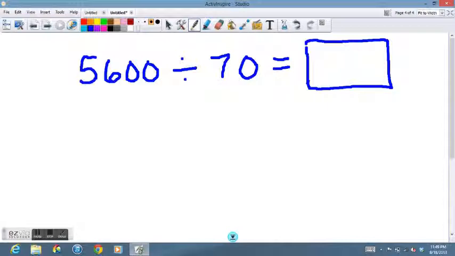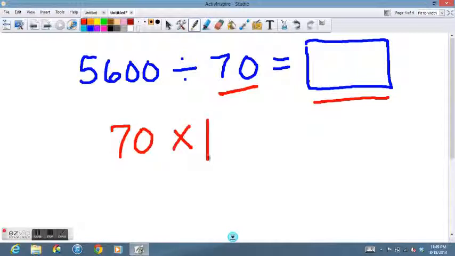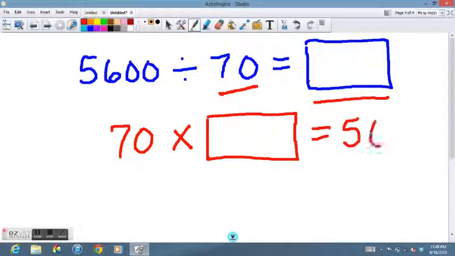Now, if you remember, if we multiply the 70 times the answer, we should get 5,600. So let's write that. 70 times my answer is going to equal 5,600.